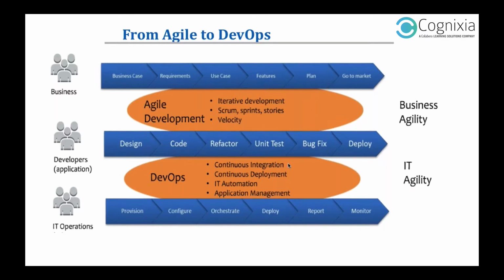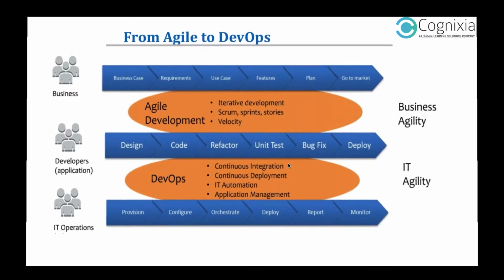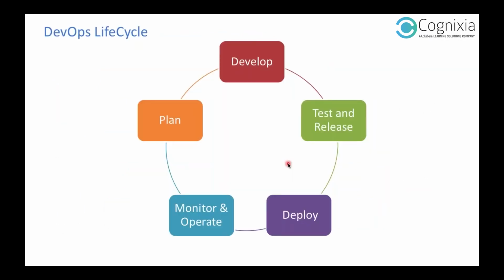So the DevOps lifecycle, basically it has development, test and release, deploy, monitor, operate, and plan. So take an example. Planning, right? So here is where you have the customer requirement. The sales guy at Infosys flies all the way to New York, and ABC Software Limited says, okay, I want to be a travel.com, right?